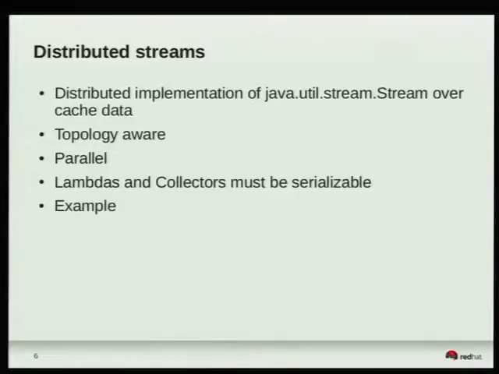It's parallel, and it's topology aware, meaning that the jobs are targeted on the nodes where the data lives. And that's it. You're getting parallel execution out of the box. You don't have to configure anything.